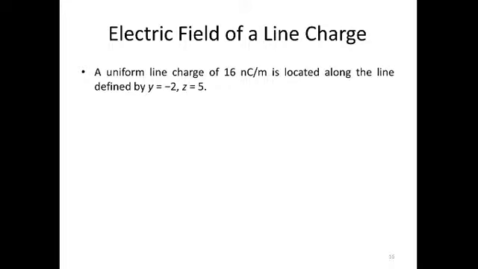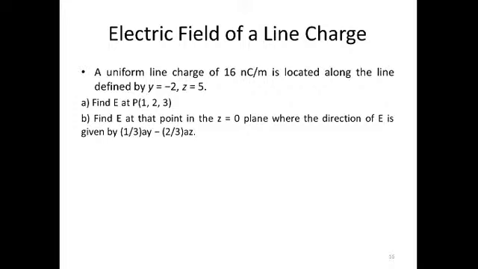Next, we are asked to find E, the electric field intensity, at the location P. The coordinates are provided: 1, 2, 3. Next, find E at the point in the z is equal to 0 plane where the direction of E is given by 1 by 3 ay minus 2 by 3 az. So this is your complete problem statement.